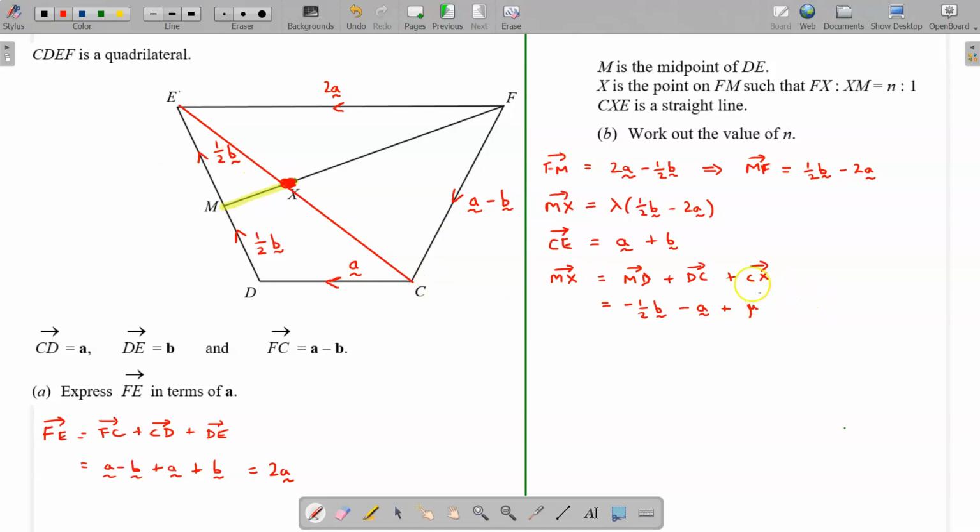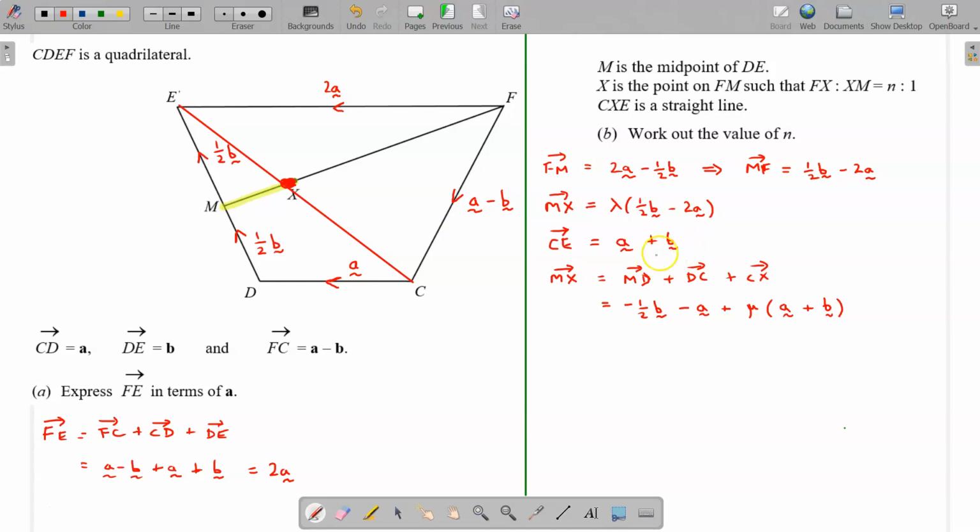And the vector CE is a plus b. So it's some multiple of the vector a plus b. So what I've got is two separate expressions for the journey mx. One of them involves lambda and one of them involves mu. And I'm going to be able to form two equations that I solve simultaneously.